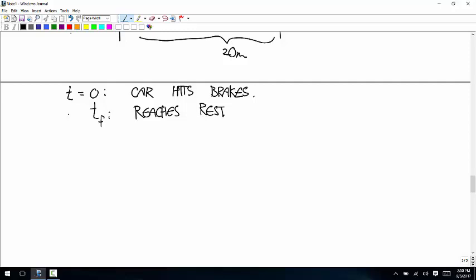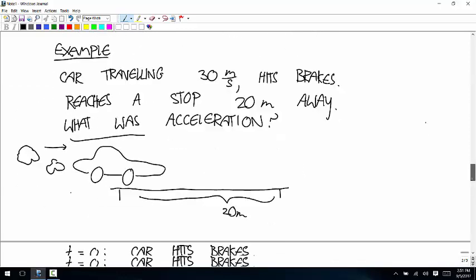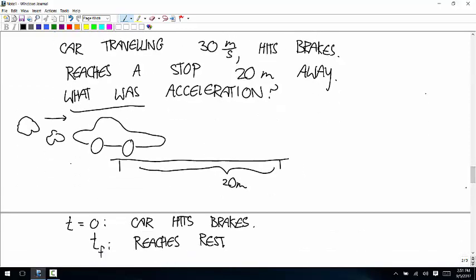Okay, so now we have to choose our position equals 0 and our positive direction. And those are arbitrary. We can do those however we want and still get the right answer. But normally, if there's not some other reason that jumps out at me, I'll just choose my position equals 0 to be the object's location when time is equal to 0.